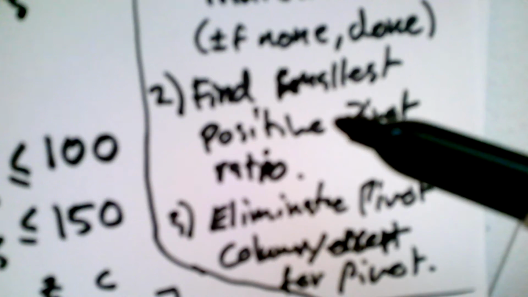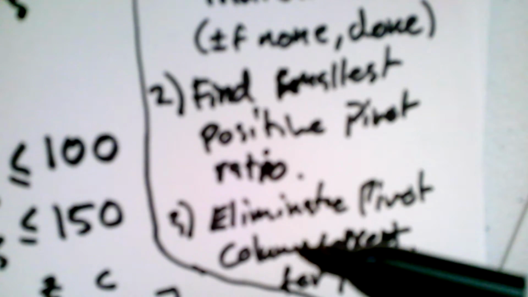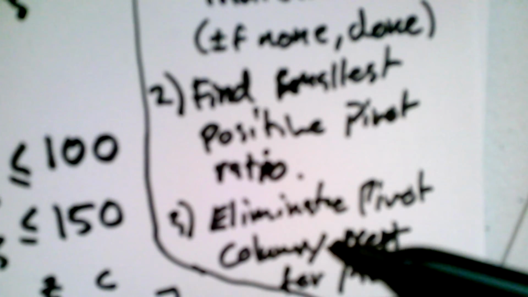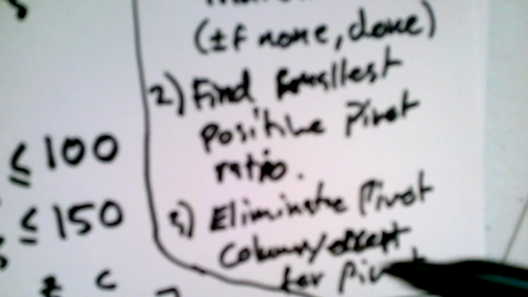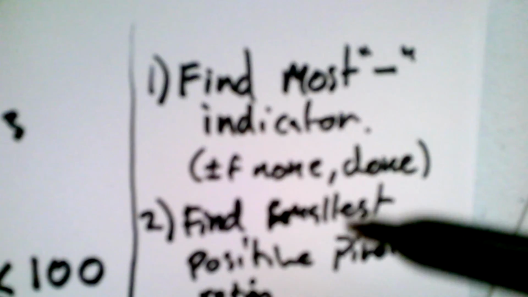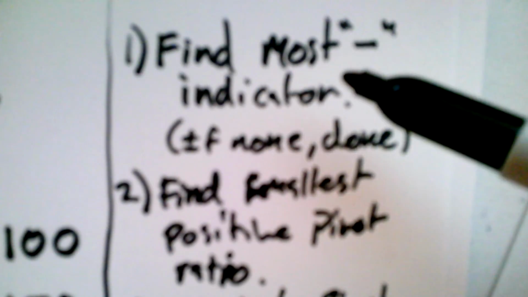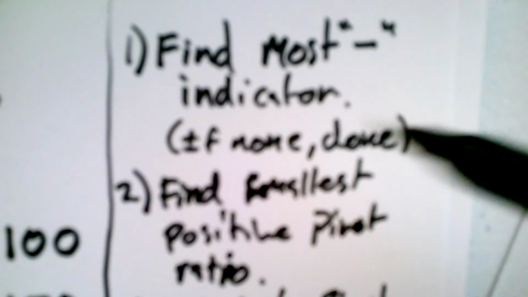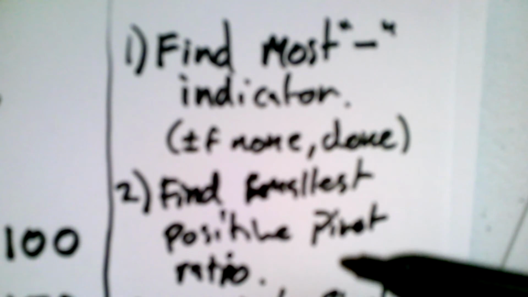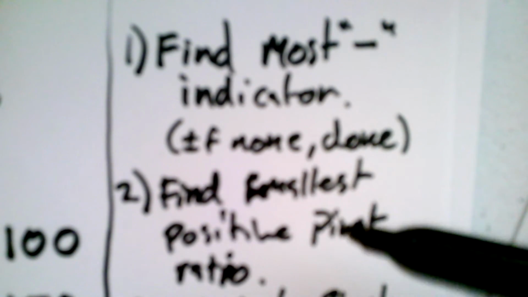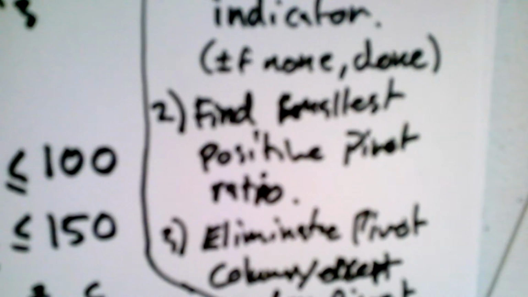Okay? And then after those things, you've found your pivot row and column, eliminate all but the pivot in the column, and then return to step 1. When you get to the point that all of your indicators are non-negative, or I guess if none of your pivot ratios are positive, you're done, and you figure out what your matrix tells you.